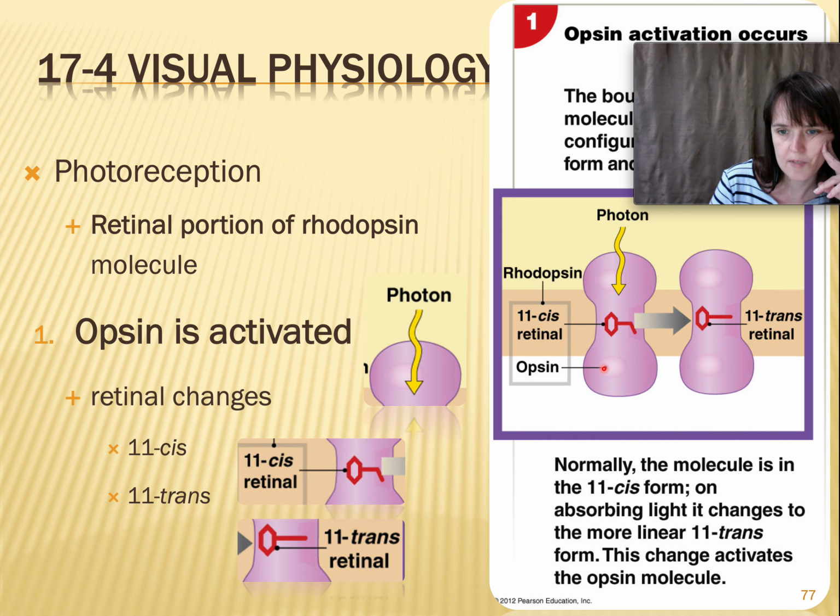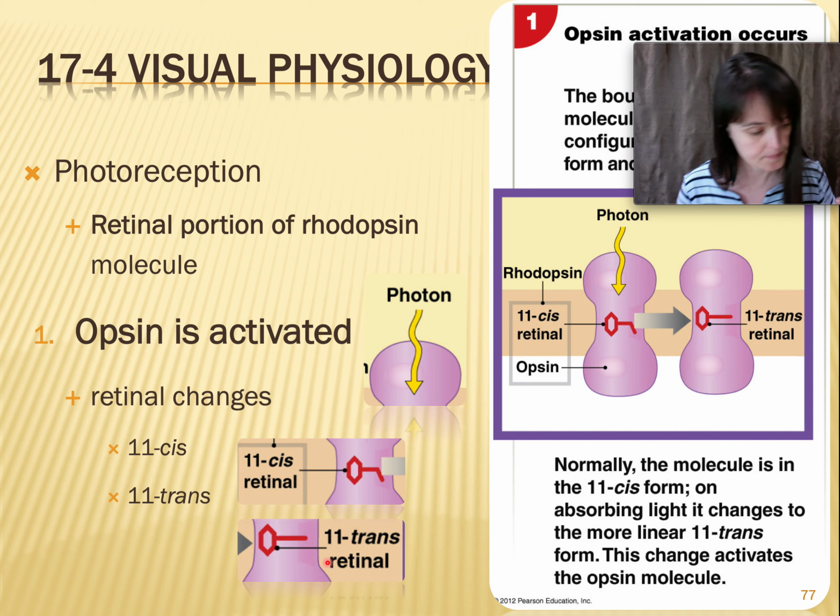There's the rhodopsin, the whole thing is an opsin, and this little key shaped thing here is the retinal. The opsin is activated, and the retinal is changed from an 11 cis form, the bent form, to the 11 trans straight form. So the photon activates the opsin, and the activated opsin changes the shape of the retinal.